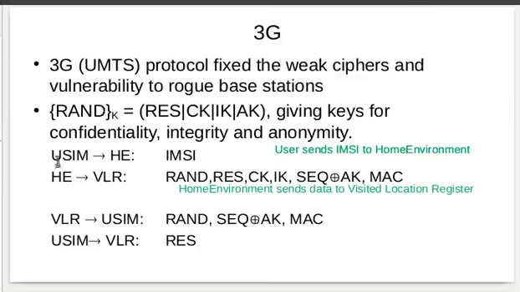So in 3G, the SIM talks to the home environment and sends once again the IMSI number, international mobile subscriber information, or ID, and the home environment responds to the visitor location register.